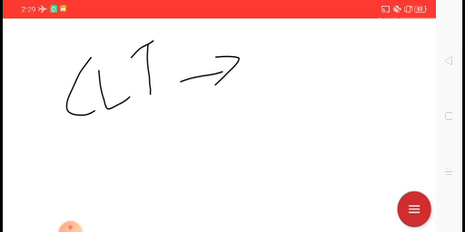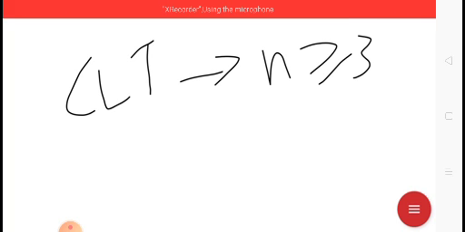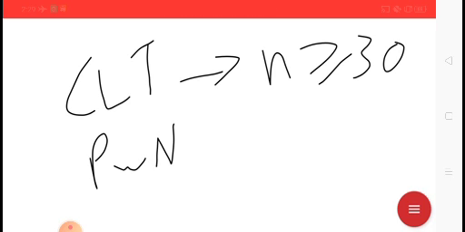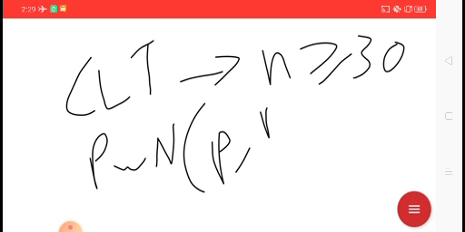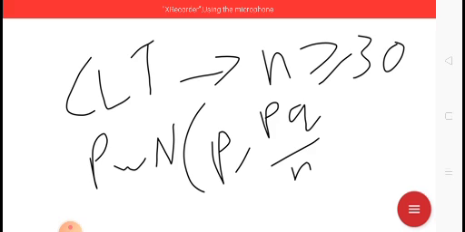To apply it, we need n larger than or equal to 30, and we will have a new distribution with mean p and variance pq over n.